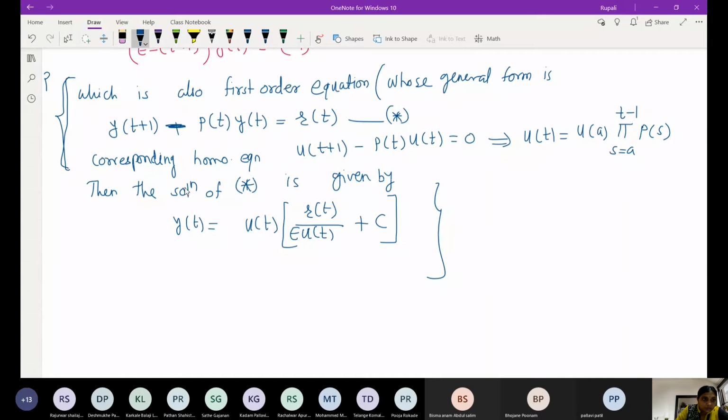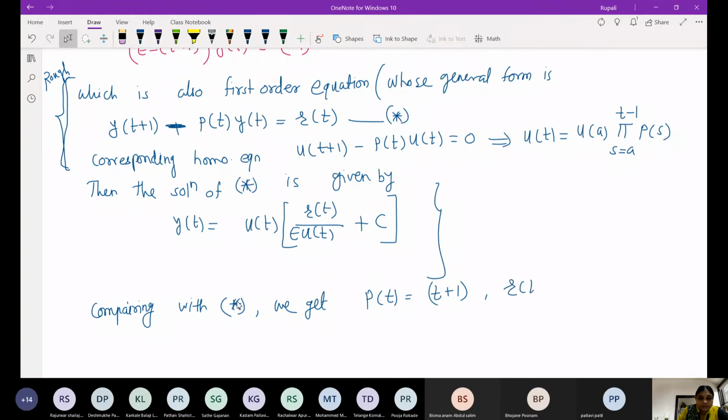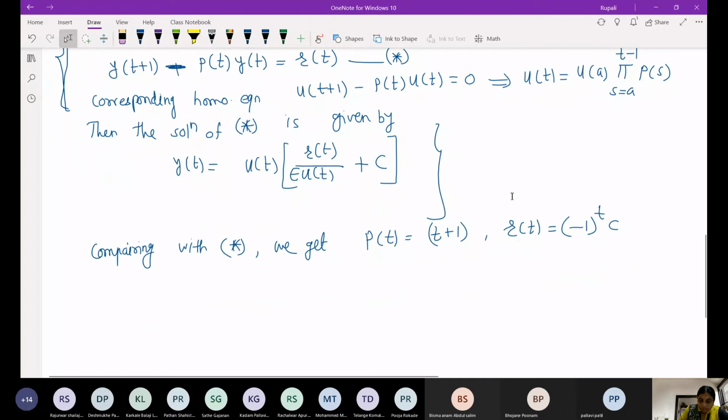Comparing with star, we get P of t is t plus 1, and R of t is minus 1 raised to t times C. So if I want to solve this star, what is my solution? Therefore, what is my u of t?